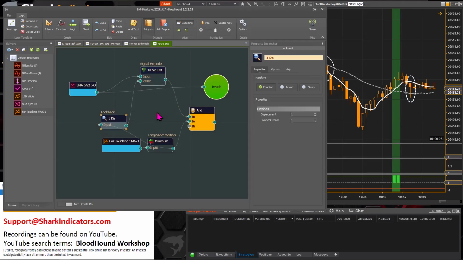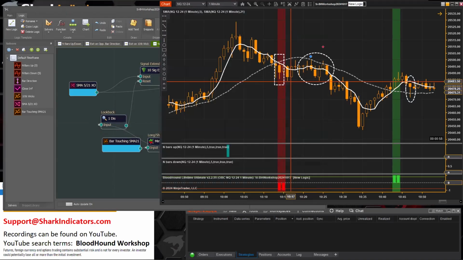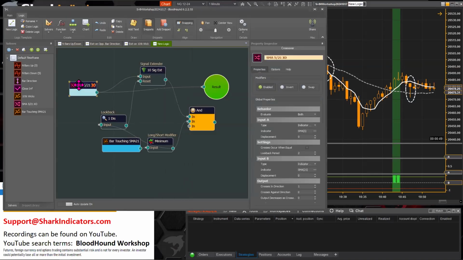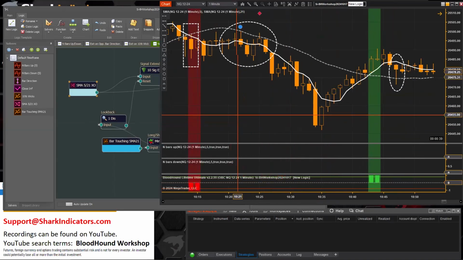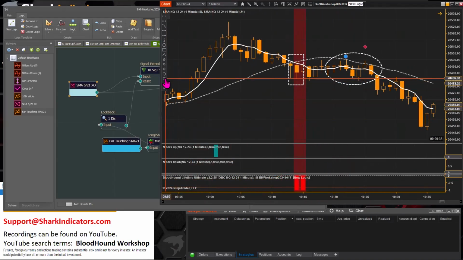But what's happening is, we have the crossover and the signal extender, and there's an output here and an output here.